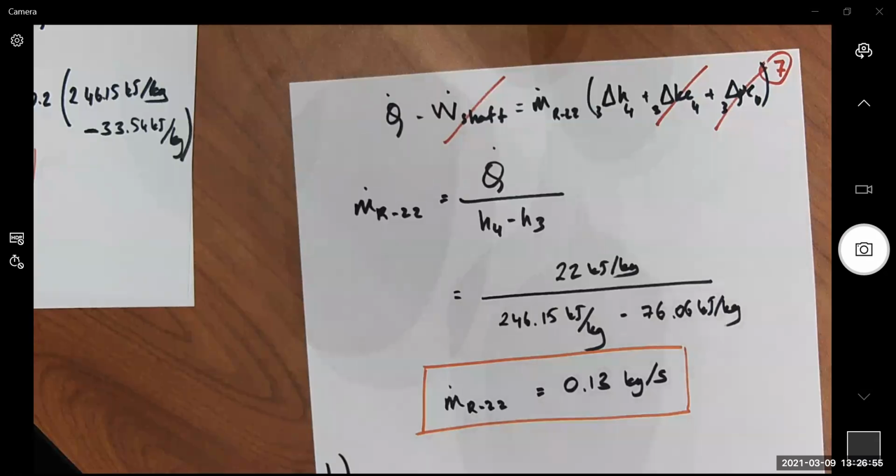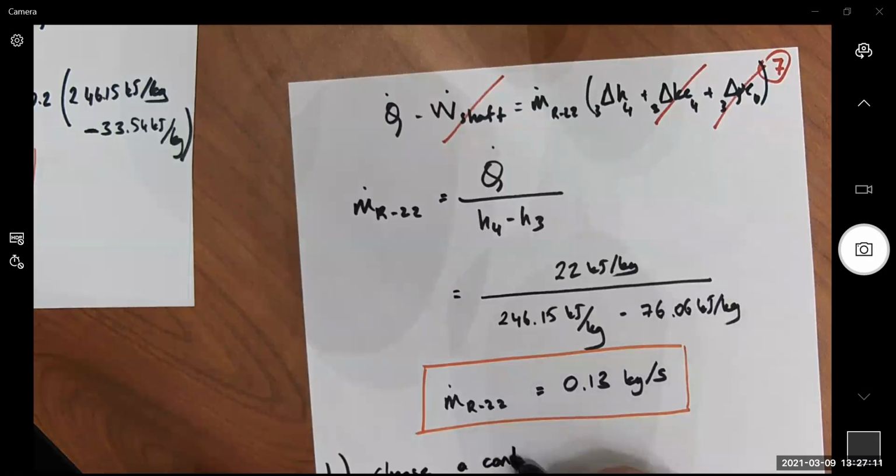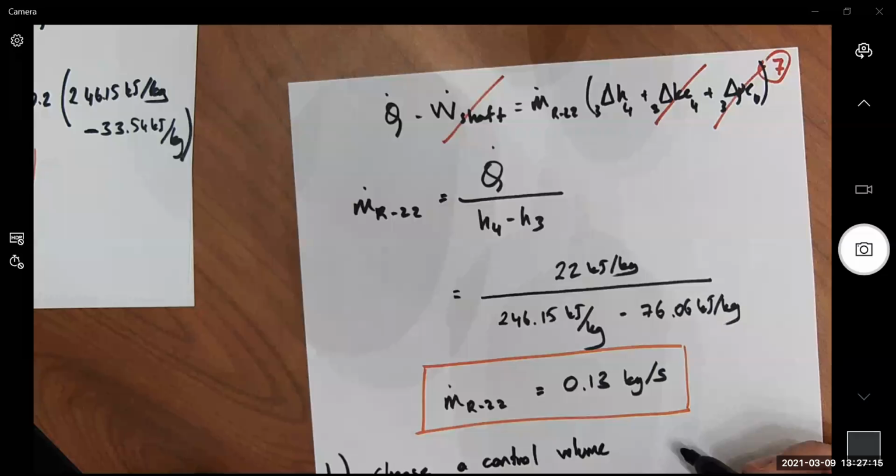Air is the one being cooled down, giving the heat outside. So I will put the boundary around the air. So choose a control volume, air only.